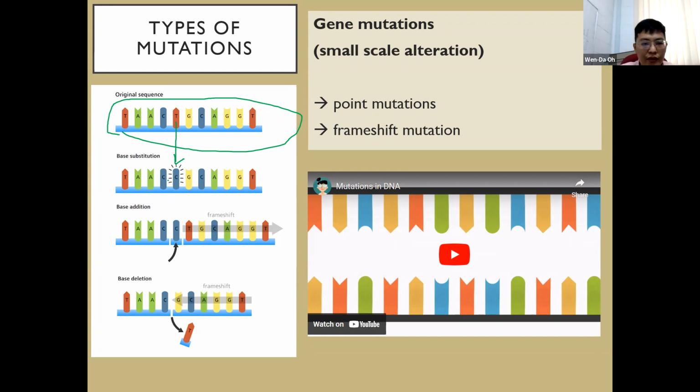You have base addition, which means the addition of another base. You compare this and this, you can see that the base addition is actually longer. You have base deletion, which means one of the bases is removed from the DNA.